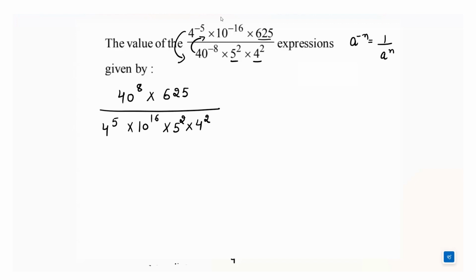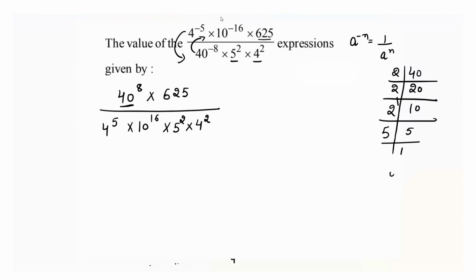Now after this, we have to break these values into prime factors. So 40, if I have to write, I will do it. 40, and then I divide it by 2, it will be 20. Then again by 2, it will be 10. Then again by 2, it will be 5. Then 5, 1. So 40 can be written as 2 raised to power 3 into 5.